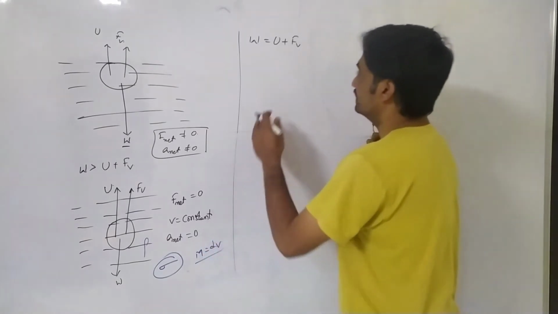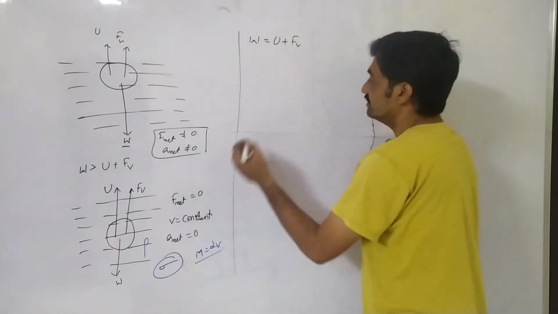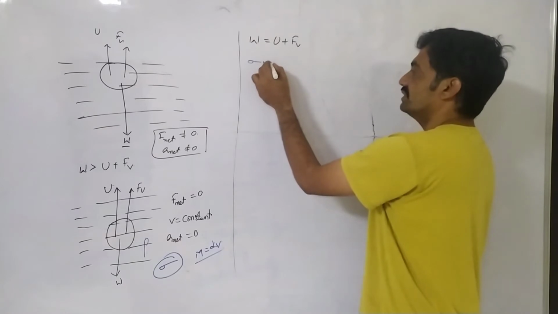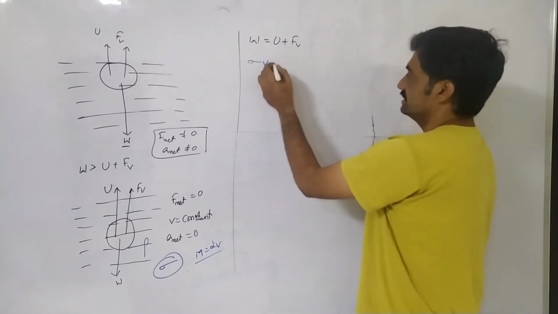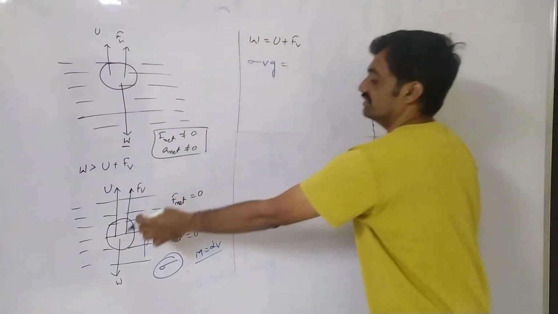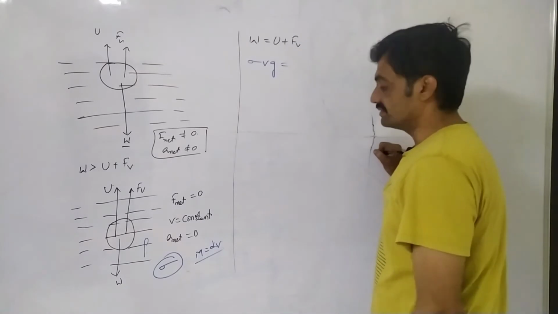So in the place of weight, we can represent the density of the body as sigma into volume as well as gravity. So this represents the weight of this body. It is equal to upthrust.